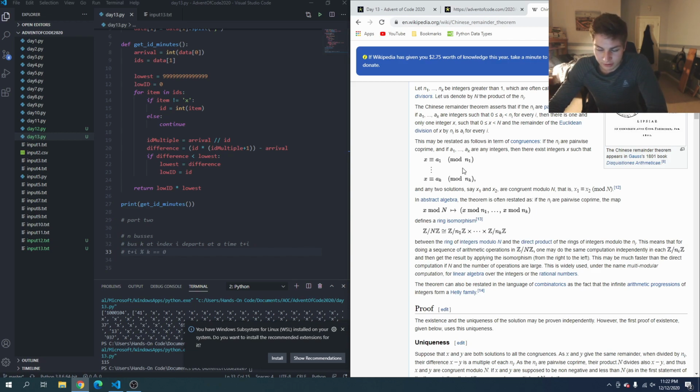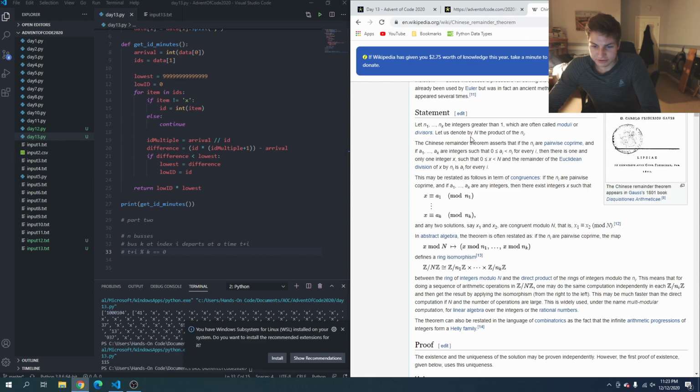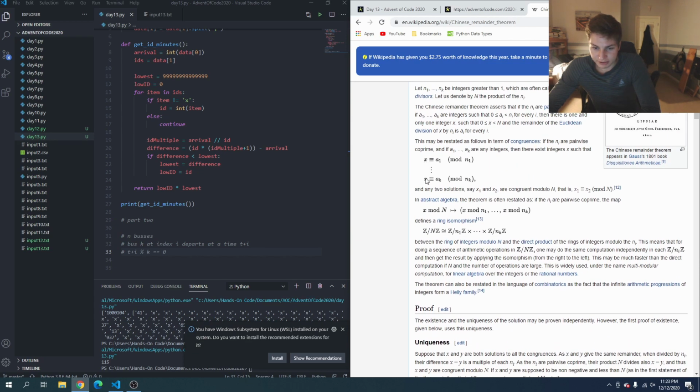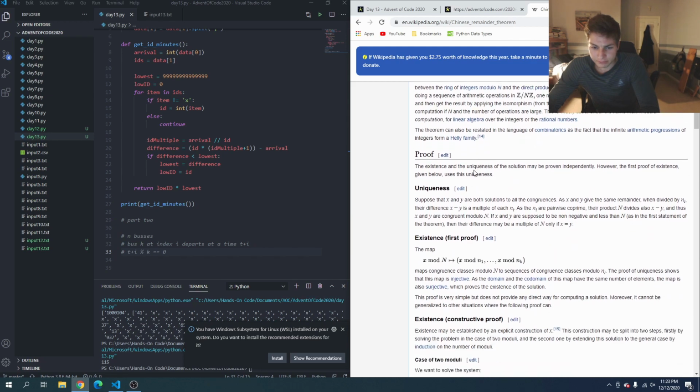So basically what this allows us to say is that n is the product of all of the n sub i's, so n is the product of all the bus IDs. If we have the same time, different indexes mod different bus IDs, then we can solve this system of what you could call constraints, or congruences. So we can solve the system.